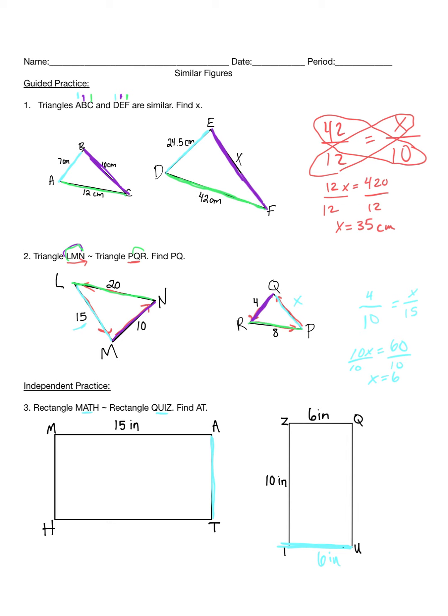So all we got to do now is set up our proportion. So what we're looking for is A to T, so X. So let's go X over 6 equals 15 over 10.